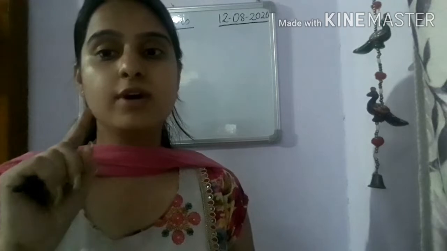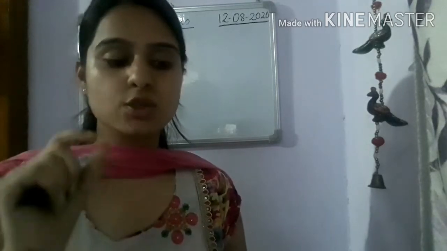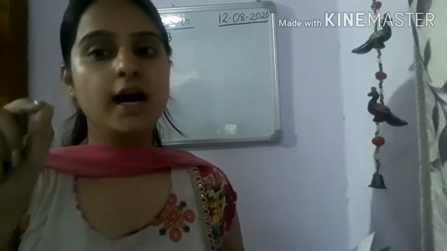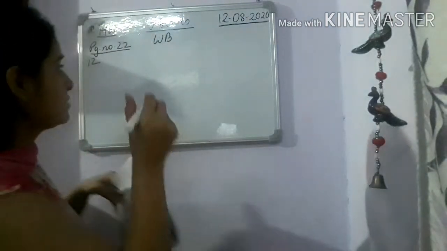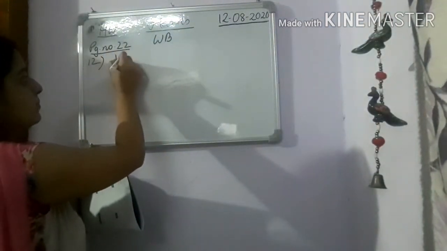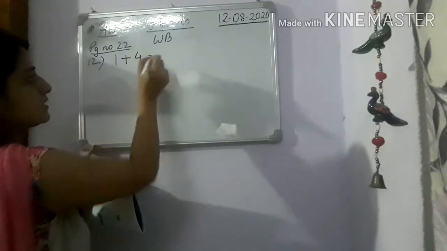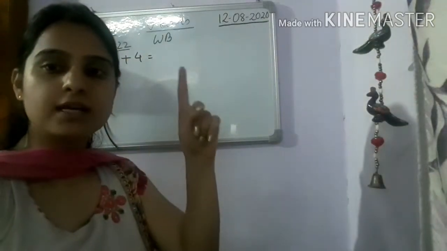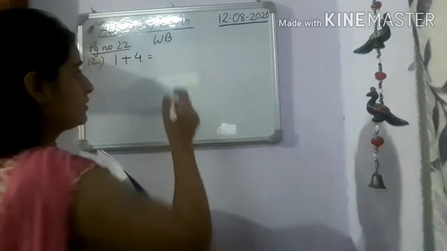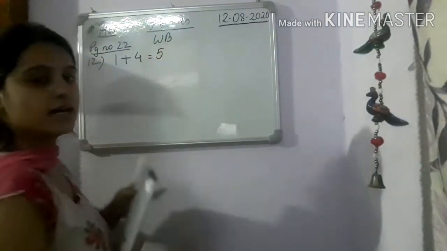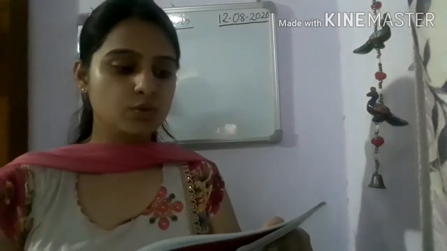Sum means the word sum is used in addition. So we are going to add 1 with 4. So 1 plus 4, what will you get? Keep 4 in your mind. Plus 1, 5. So this is your answer. Okay, this is how we have to do.